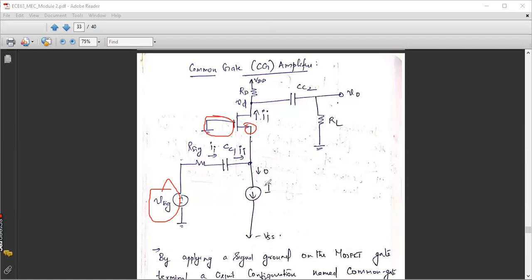Now, for fixing the biasing, we will fix a constant current source capital I in your source terminal, pointing towards your negative power supply minus VSS. So assume that IA is the input current coming from your AC signal.